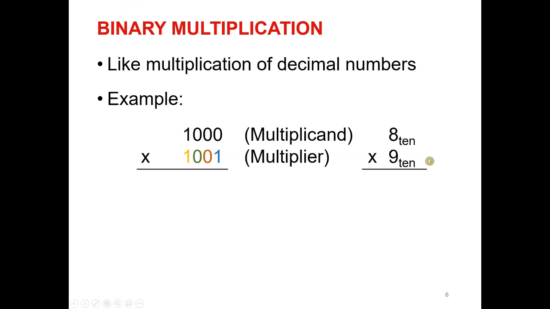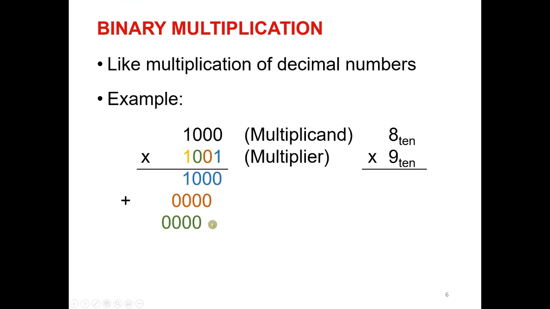So if we want to multiply this number in binary using the same method we use in decimal, first of all, we will multiply 1 by the multiplicand. That makes this number 1000. Then I will go for the second digit of the multiplier, which is 0 in brown, and I will multiply this 0 by 1000. It's 0. Then I will go to the third digit, in green, which is 0 again, and then I have 0 again.